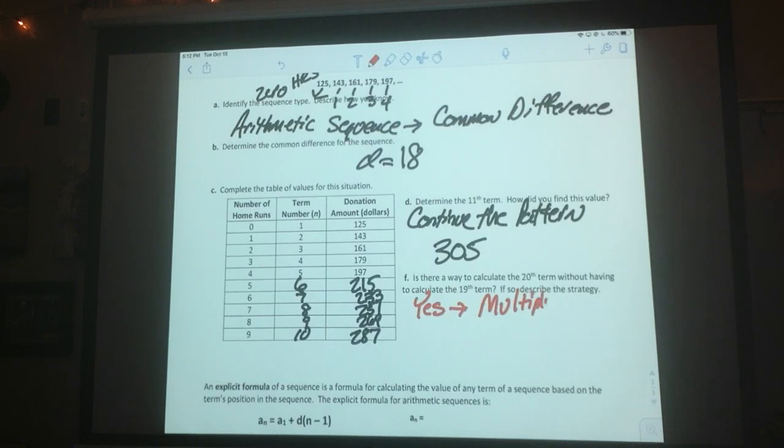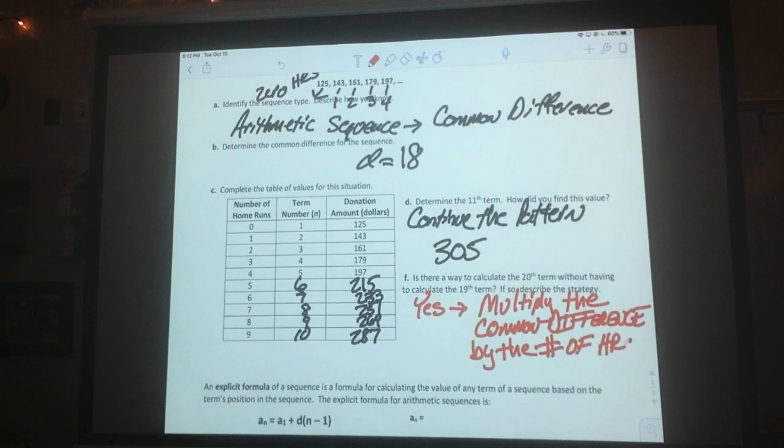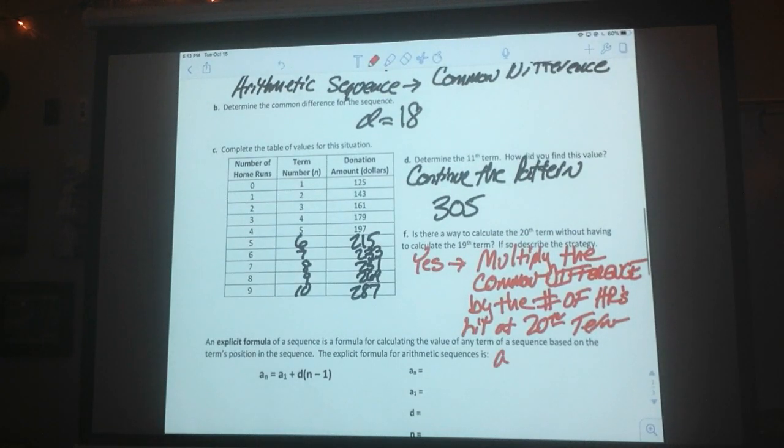Multiply the common difference by the number of home runs hit at 20th term, and then I'm going to add 125 to it. That is my process.